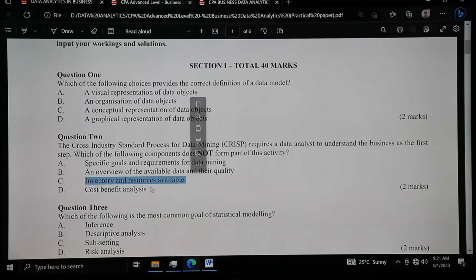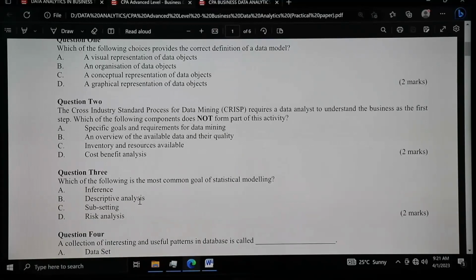Then the next question, we are told to choose again: which of the following is the most common goal of statistical modeling? Here we have to use the elimination method.